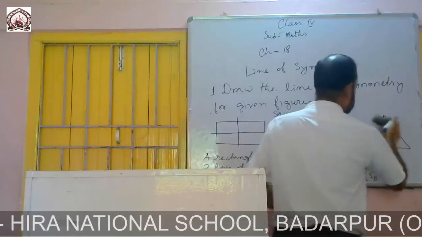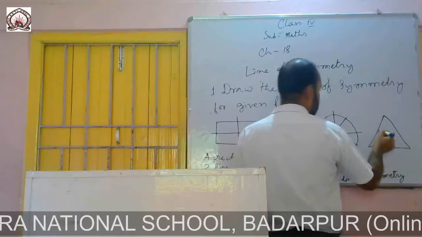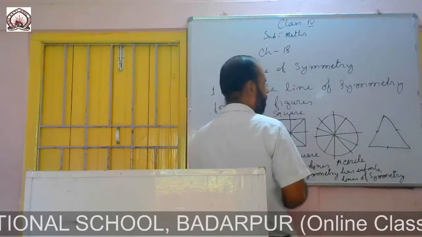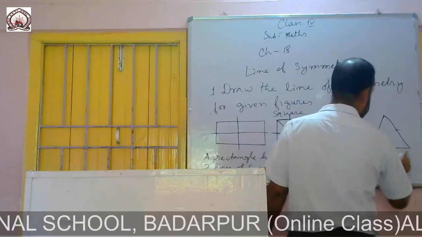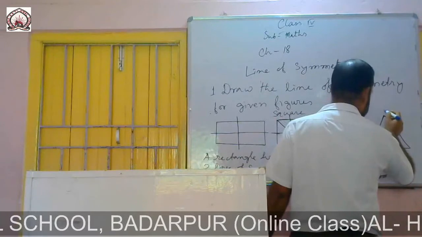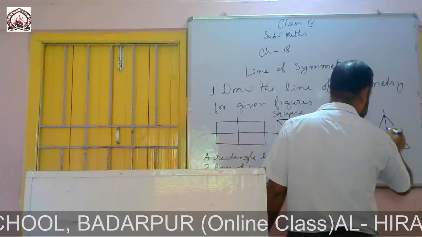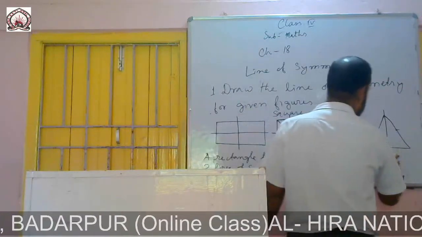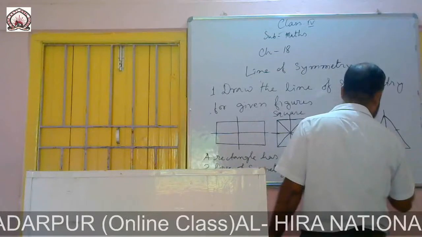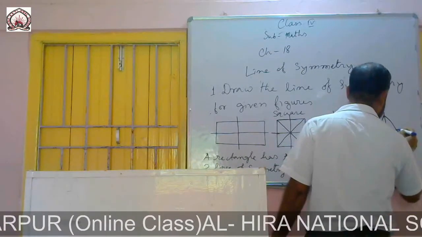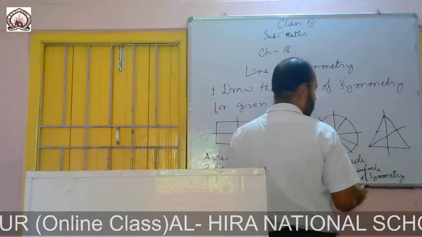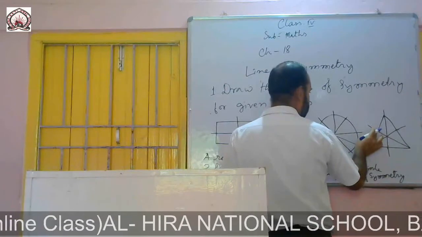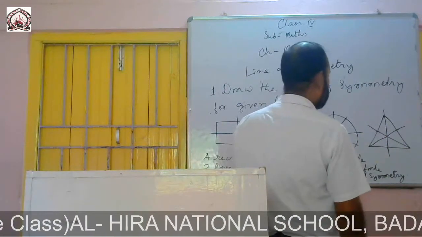Now equilateral triangle, all sides are equal. Now if we draw a vertical line through the midpoint of this line, we get one line of symmetry, and if we draw another line through the midpoint of that line, then we get another line of symmetry, and if we draw another line through the midpoint of this line, we get another line of symmetry.